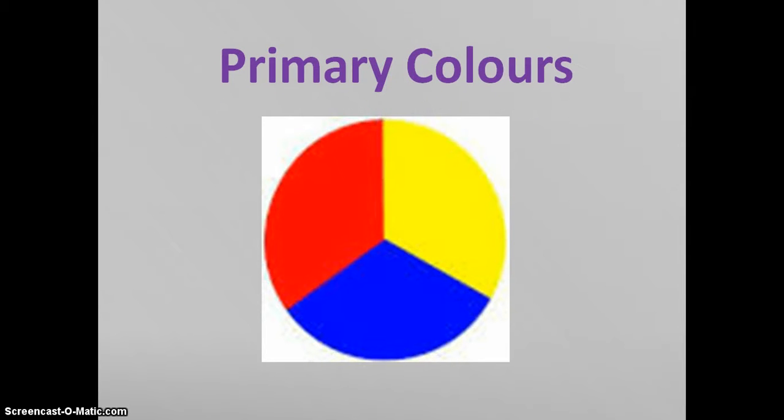Now, these are the primary colors. Can you identify them? Would you be able to point out the blue color? Fine. What about the red color? Can you point it out? You're doing very well.